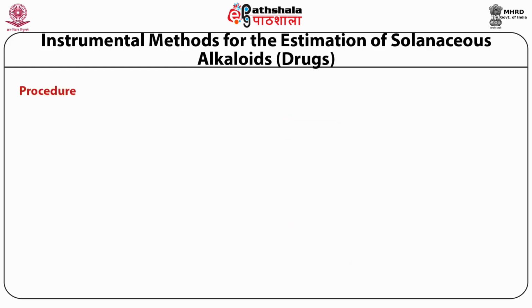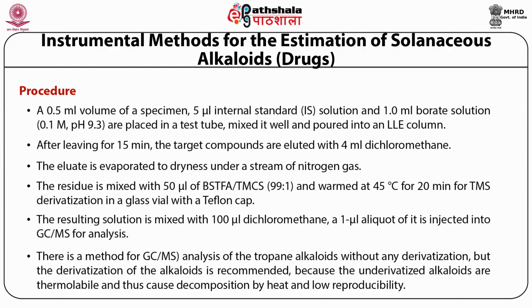There is a procedure for the preparation of samples for GC and the recording of these results. This sample, about 0.5 ml in volume, is treated with internal standards and mixed with 1 ml of borate solution.